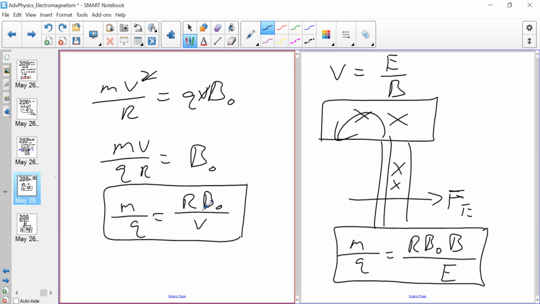There are many different varieties of experiments you can use. So mass spectrometry is very useful in figuring out what kind of ions you're working with.